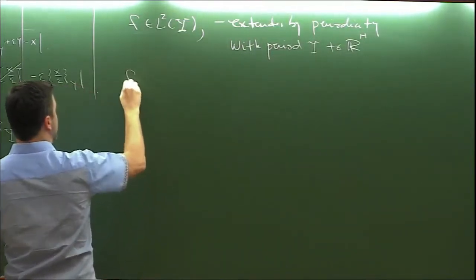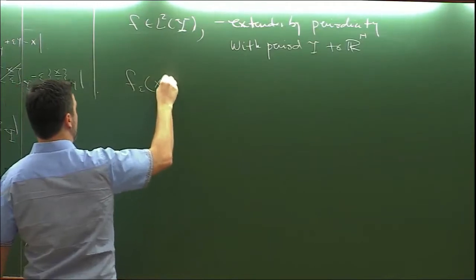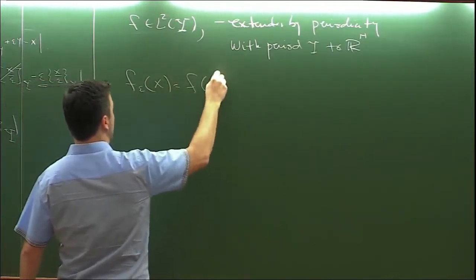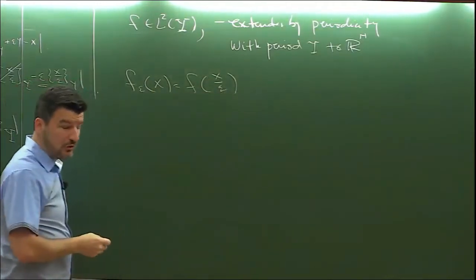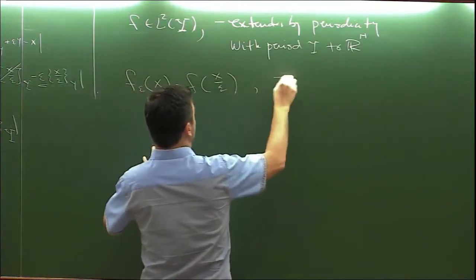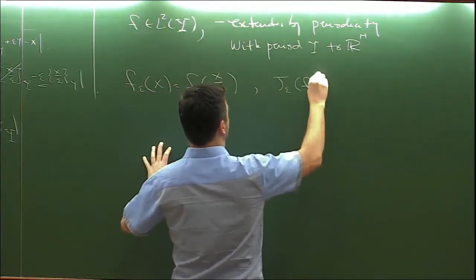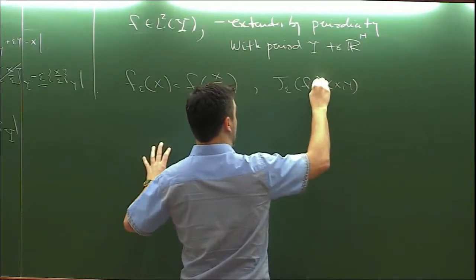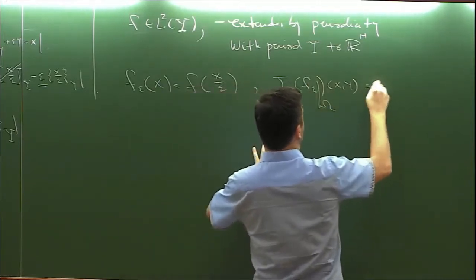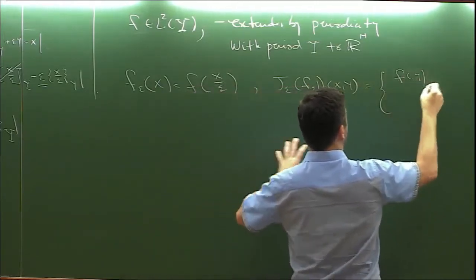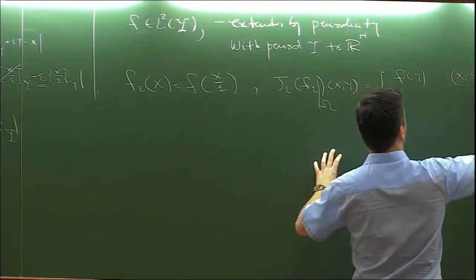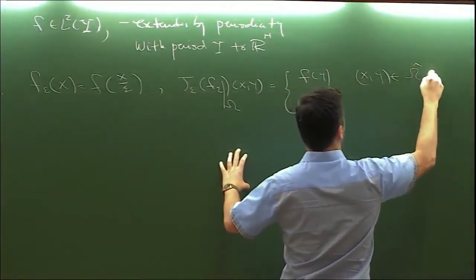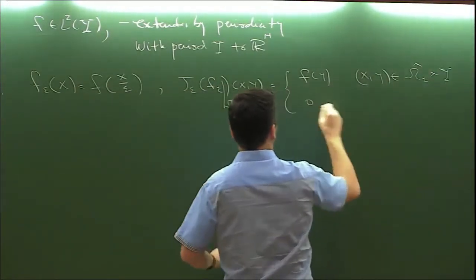And then you consider this sequence of highly oscillating functions f epsilon defined by f of x over epsilon. And we showed last time that T epsilon of f epsilon restricted to omega is given by f of y in the interior set and 0 otherwise.